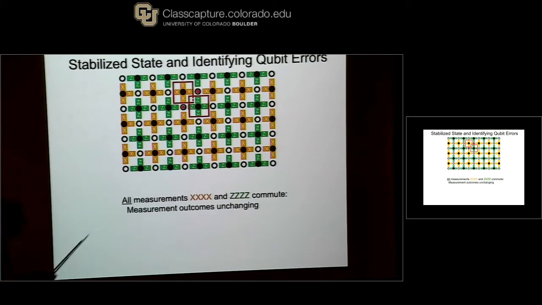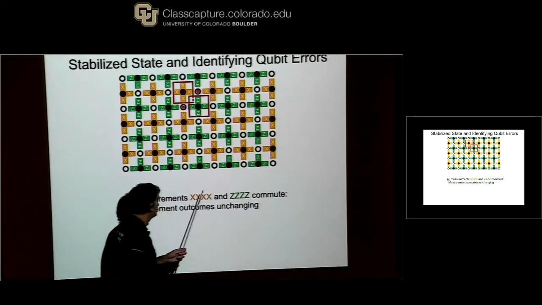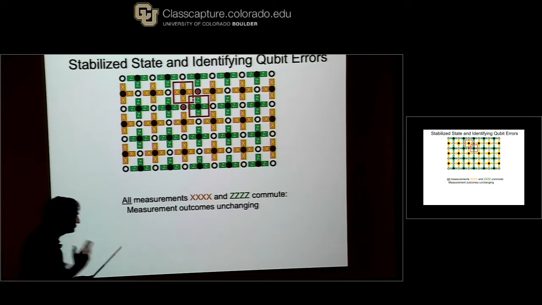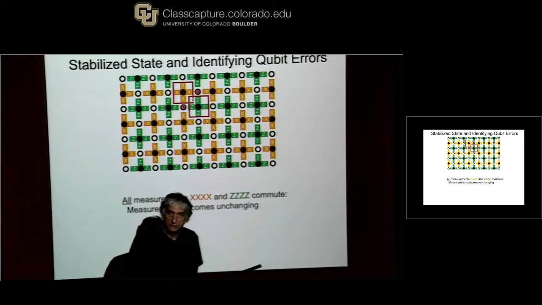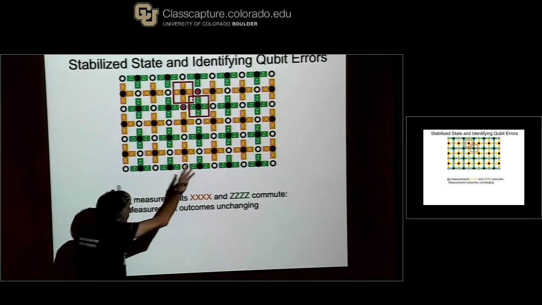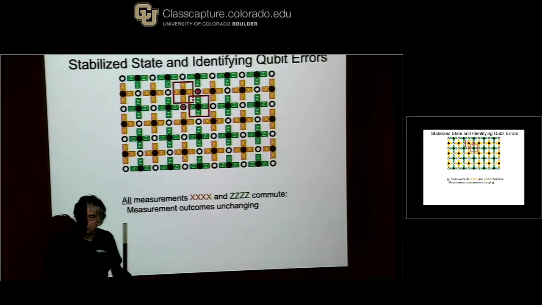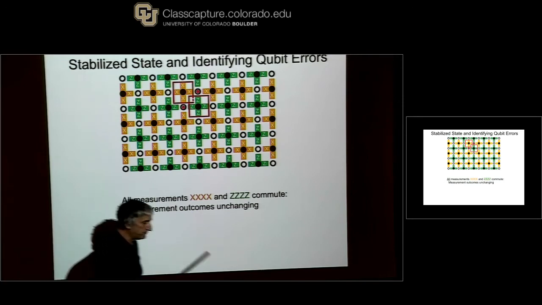Okay? So the measurements of the bit and phase commute. And that means if we're running this surface code and there are no bit or phase errors at all, the measurement outcomes will be unchanging. It'll be some numbers of 0s and 1s, but it'll be unchanging. And we know there's no errors going on. And then when those values change in one cycle, you know that there is an error. Okay, in the same way I talked about before.